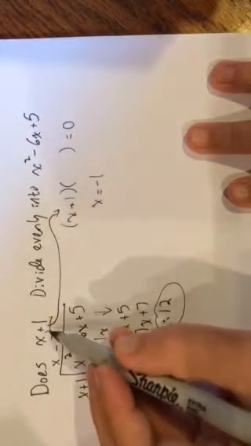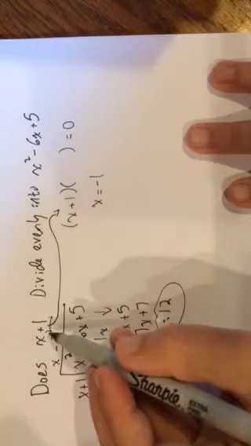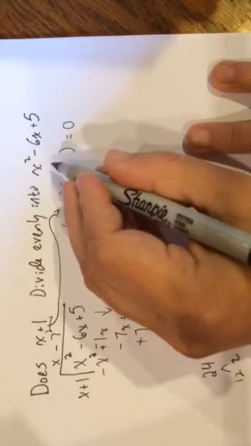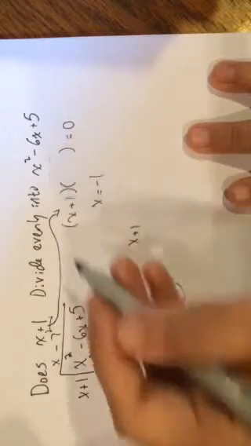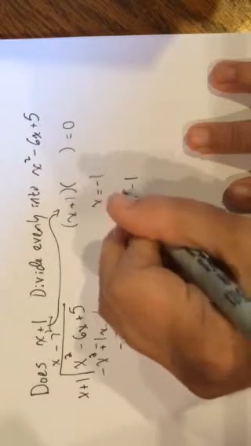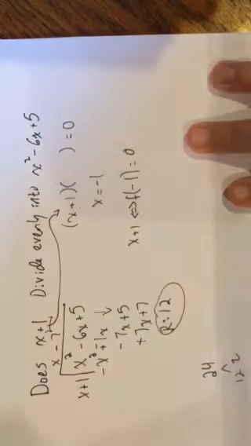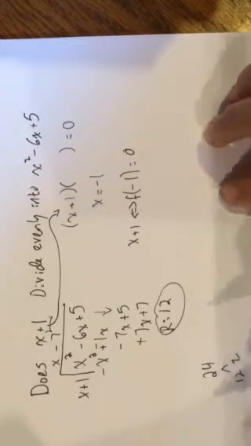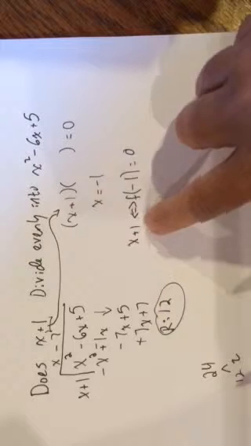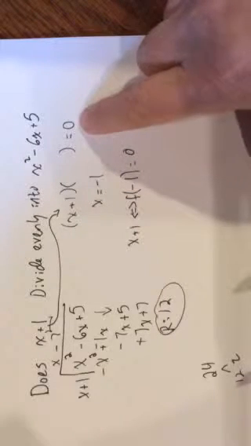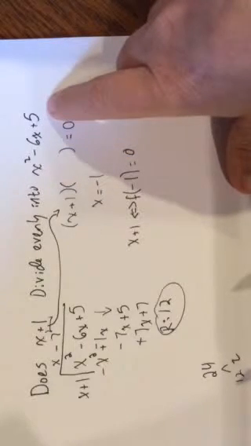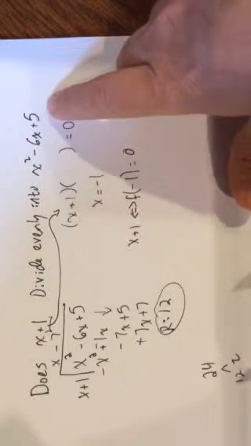So if we're looking to see if something divides evenly into it, I could say finding out if x plus 1 divides evenly into x squared minus 6x plus 5 is the same thing as seeing if -1 gives me an answer of 0. Because if it divides evenly into it, I'd be able to factor this to that, which means the opposite would be one of the solutions. It would make it equal 0. So I could sub in -1 and just see if it got me equaling 0.